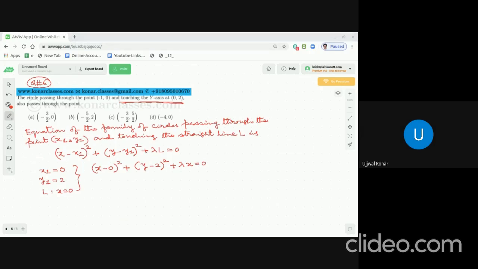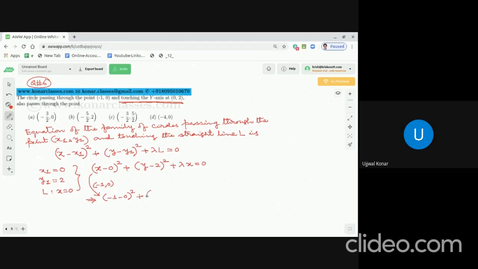Now this circle also passes through the point -1, 0. So in this equation, it must satisfy x equal to -1 and y equal to 0. So then what we are going to get? So this implies x is equal to -1, so -1 minus 0 whole square plus what is y?